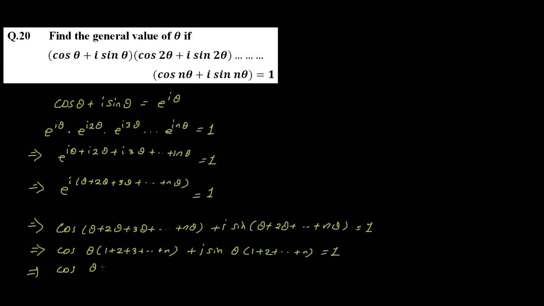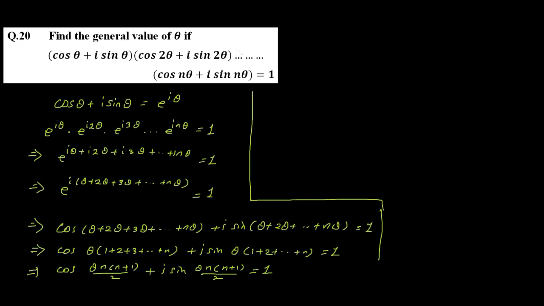That means I can write cos (theta into n(n plus 1) by 2) plus iota sin (theta into n(n plus 1) by 2) is equal to 1, which can be written as cos 0 plus iota sin 0.